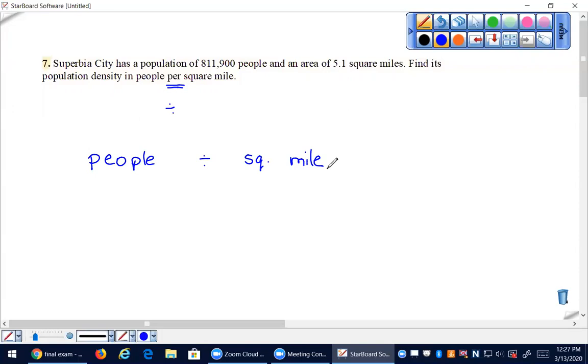People per square mile. Then I'm going to plug in the number. The people was the big number. The square miles was the other number.